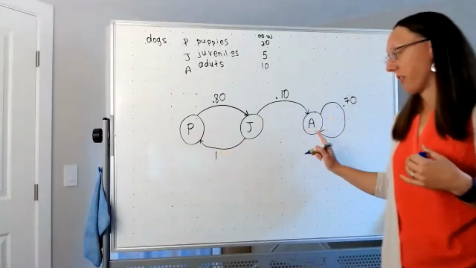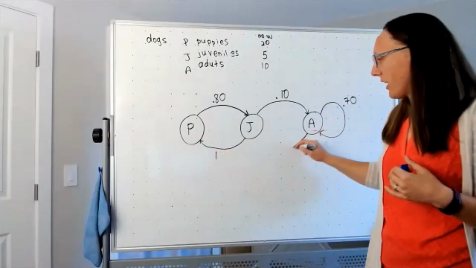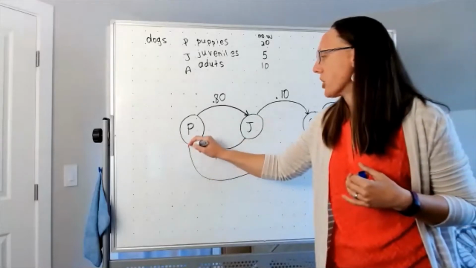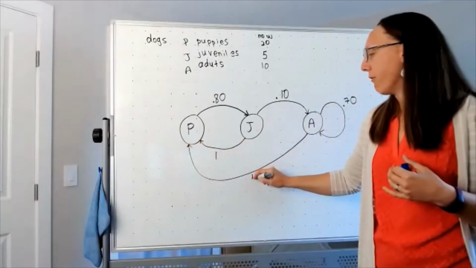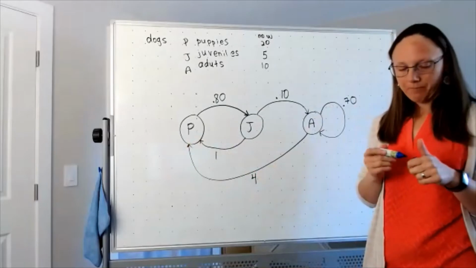Our adults, on the other hand, are going to average a survival of like 4 puppies per litter. It's probably being pretty generous.